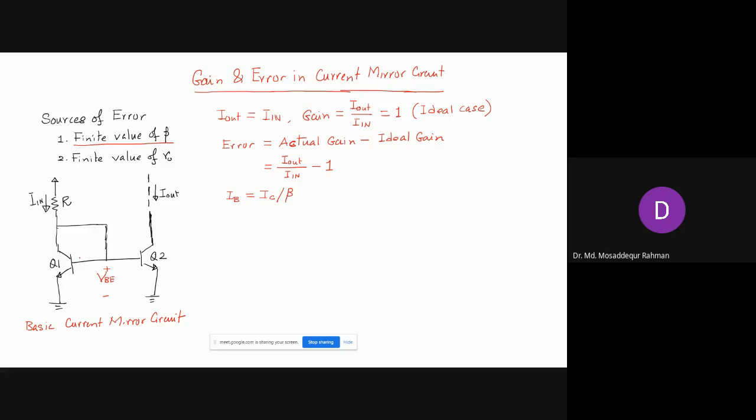So what happens, you have a base current flowing here, IB, and you have another base current flowing here, IB, right? And the current that will flow here will be 2IB.